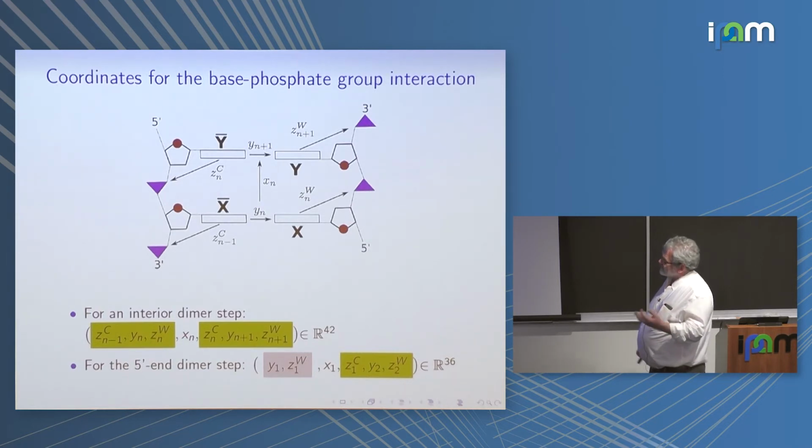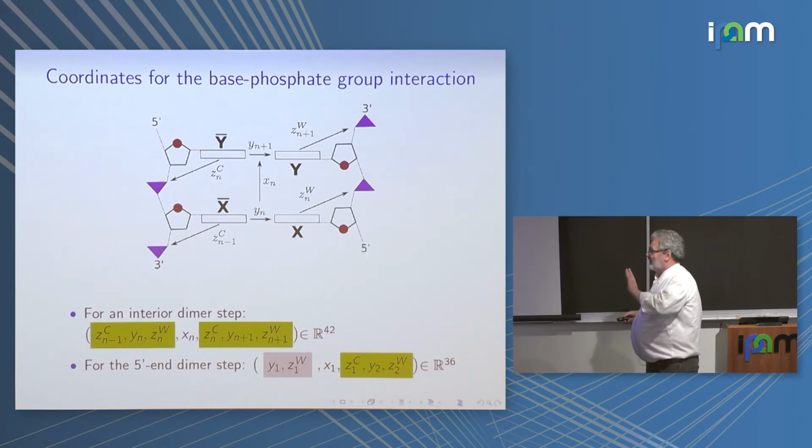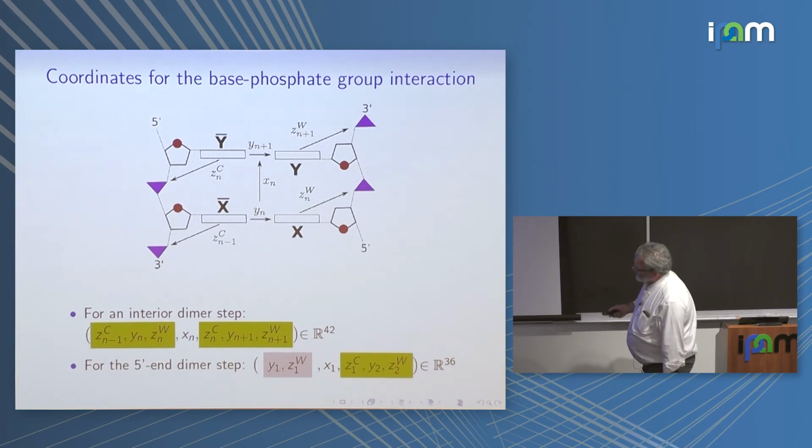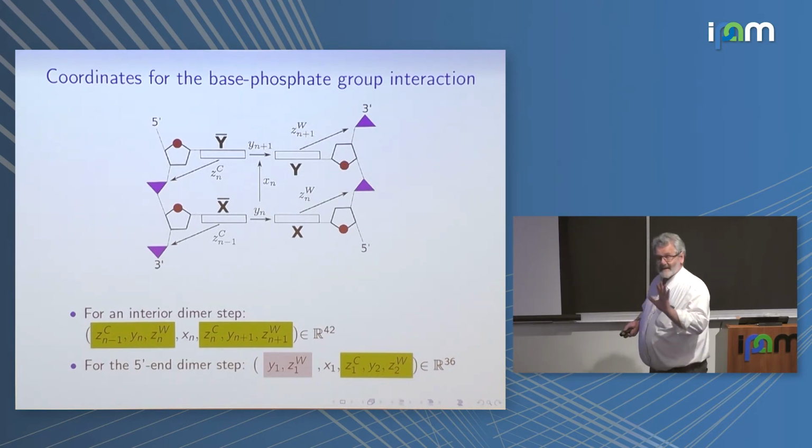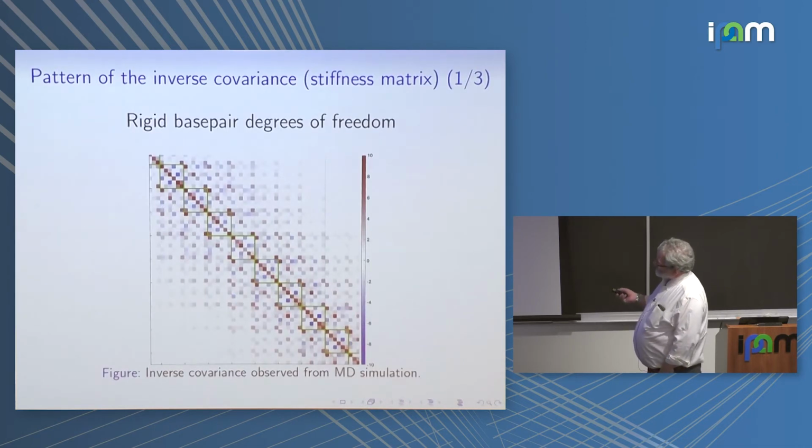So the first thing we do is we run a few long duration MD simulations, and then we can estimate averages, which I'm not going to show you. Oh, I will a little bit actually. But we can then estimate centered covariances along the time series. So if I just observe the inter degrees of freedom, I get a covariance matrix, and I invert it, and I think we can agree that it doesn't look very close to banded.